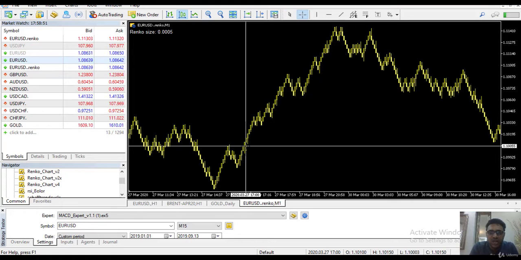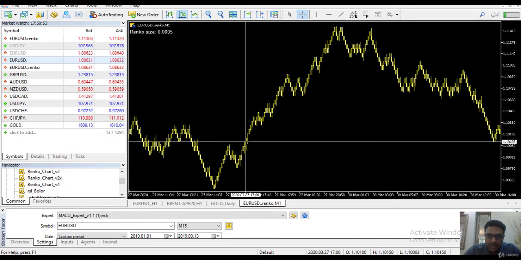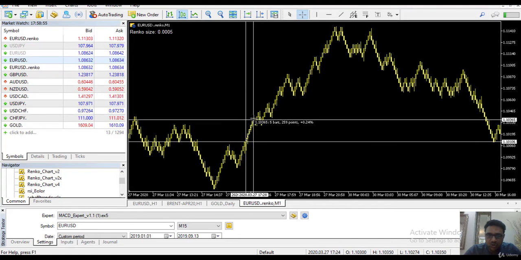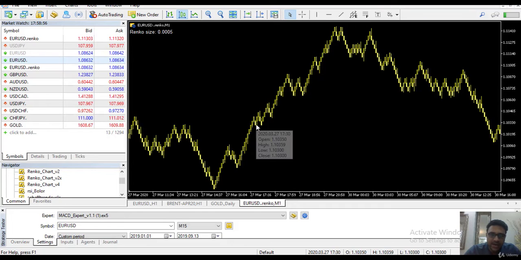You can even check that the first few candles were high. Then there was one candle that took a little bit of correction because there was a small breakout from this area. We were talking about support and resistance in Renkos. That is a very superb criterion of using Renkos, that you can get very accurate and very clear support and resistances.